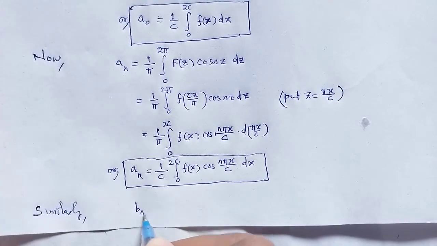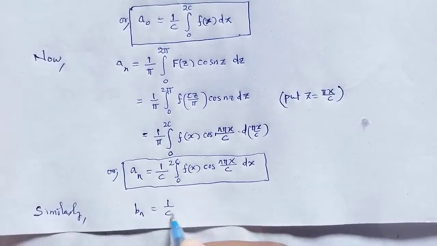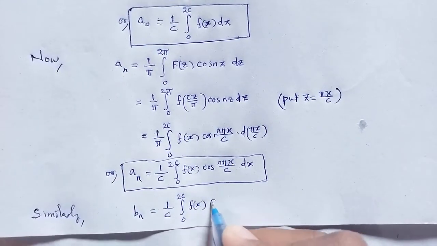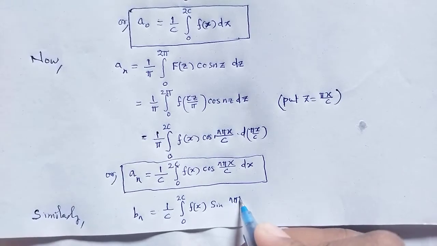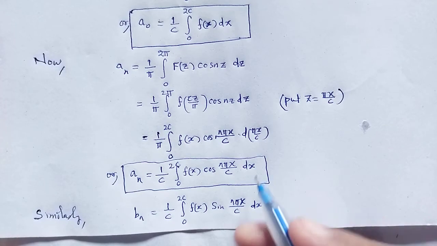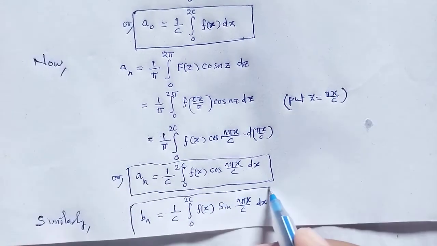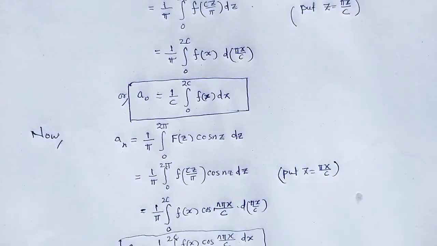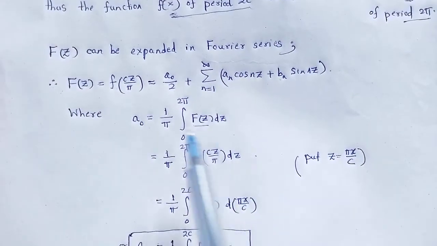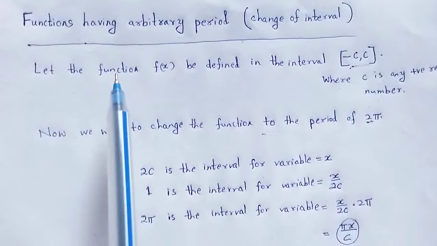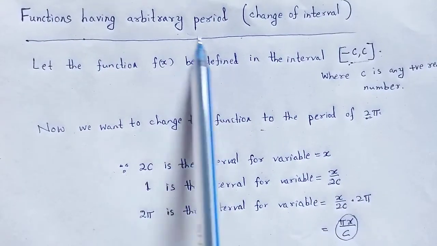Similarly, the value of b n will be 1 by c integration from 0 to 2c of f of x sin n pi x by c dx. In this way, we can easily find the Fourier series of a given function that has an arbitrary period.